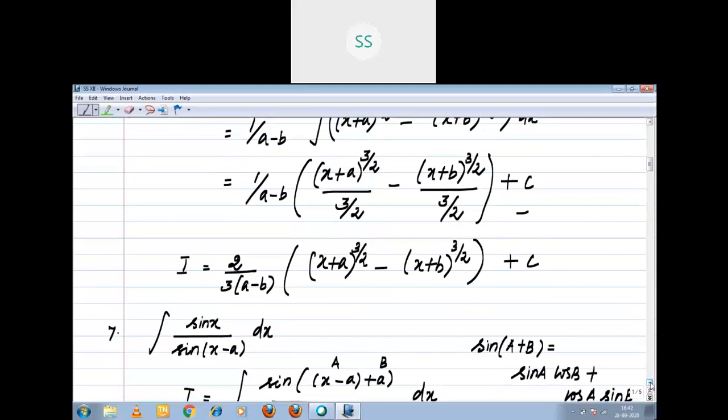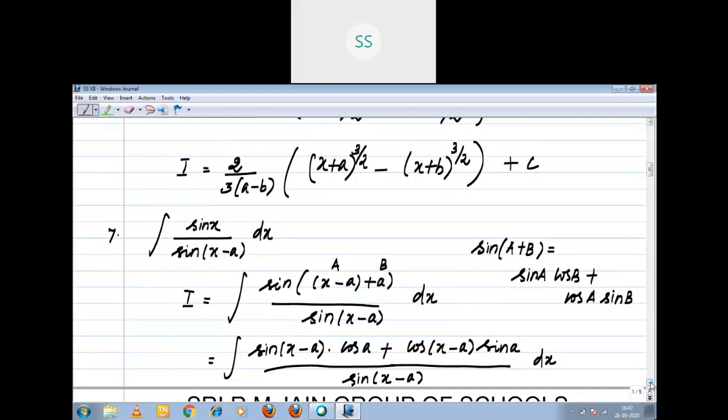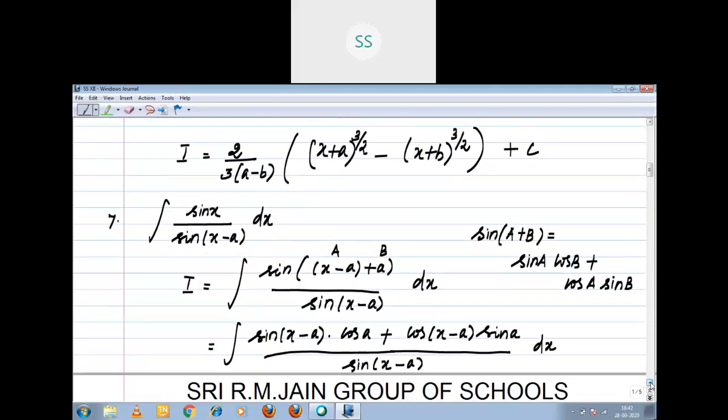Now, sin x divided by sin of x minus a. Here also the same. The integrand cannot be integrated directly. Based on the denominator, I modify the numerator. At the same time, I am very careful to do the modification. I didn't disturb the given format. What I did, you see, I added a and subtracted a.